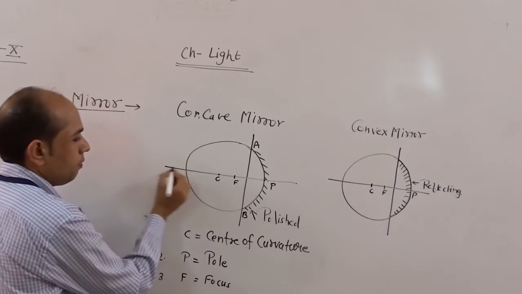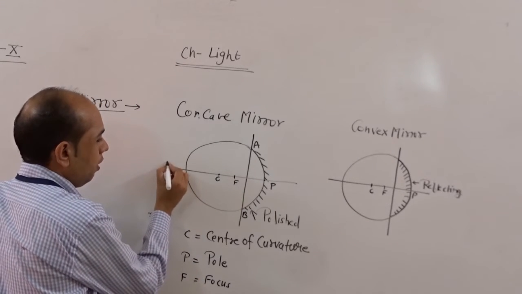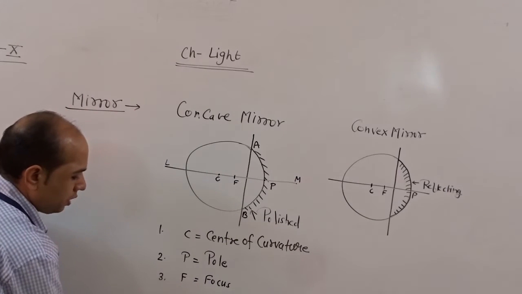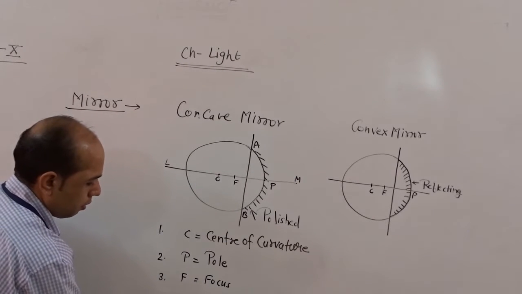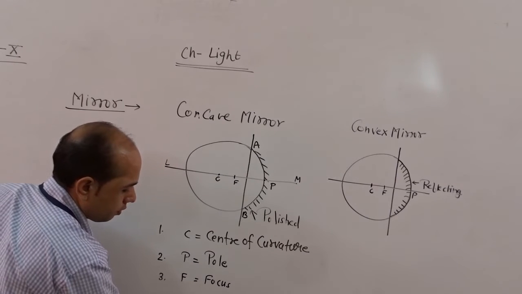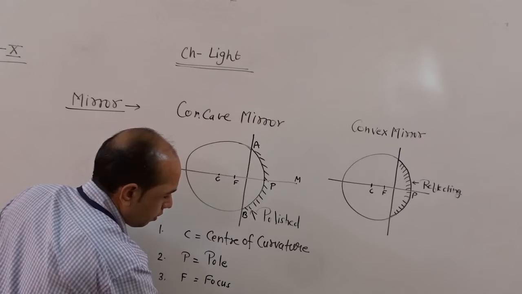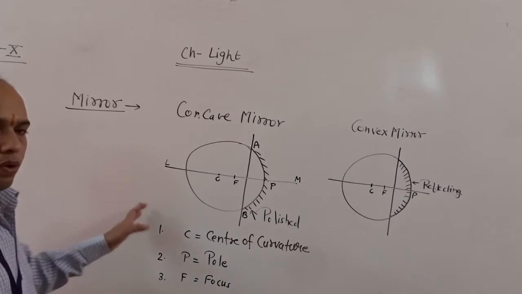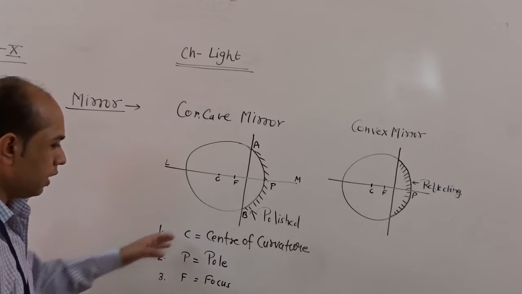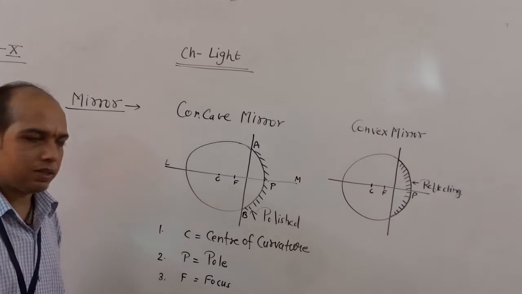A line passes through the center; suppose this line is LM, it is known as the principal axis. So these four keywords we use whenever we draw a ray diagram: center of curvature, pole, focus and principal axis.